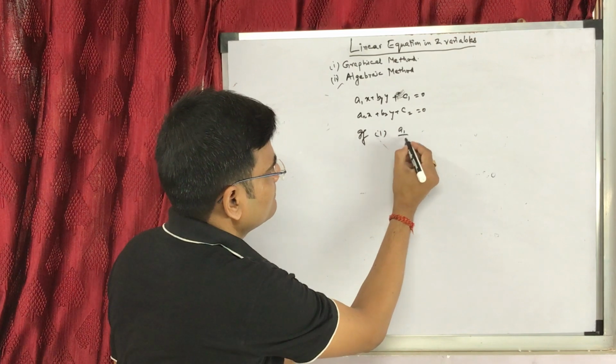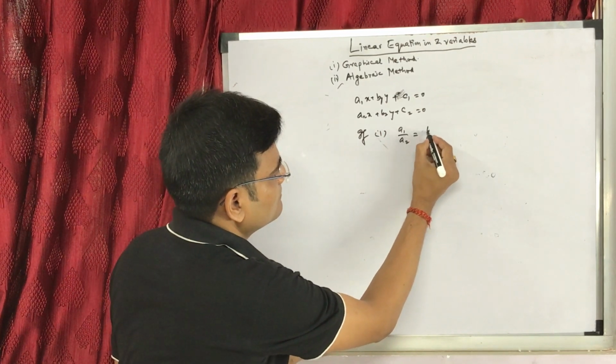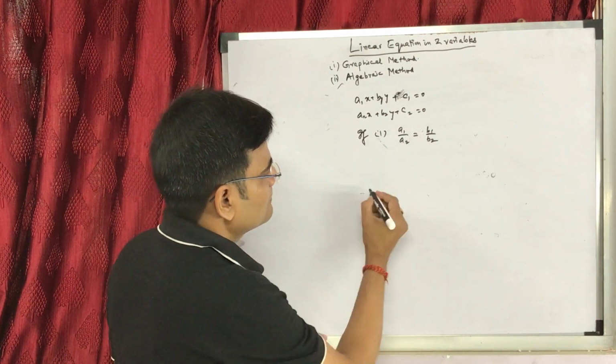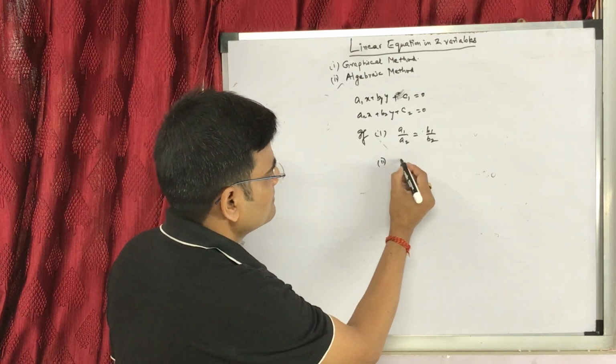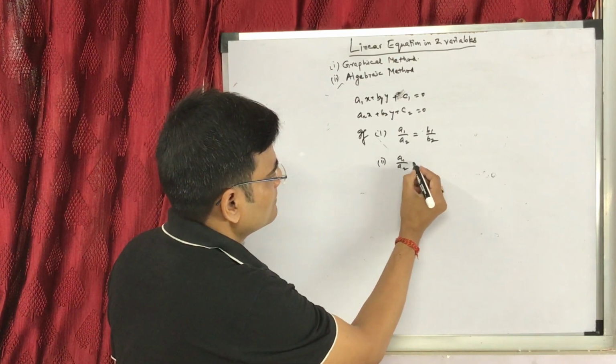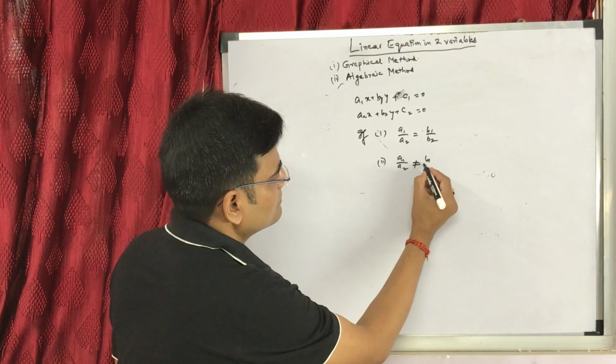Either a1 by a2 is equal to b1 by b2. Second possibility is a1 by a2 not equal to b1 by b2.